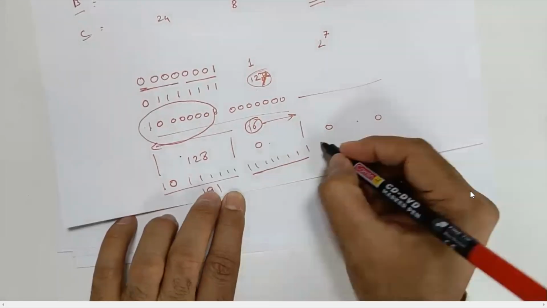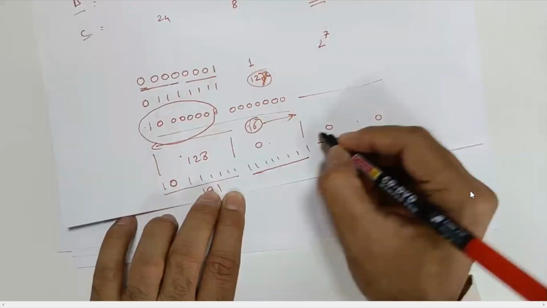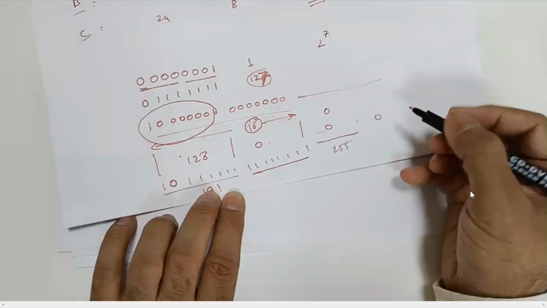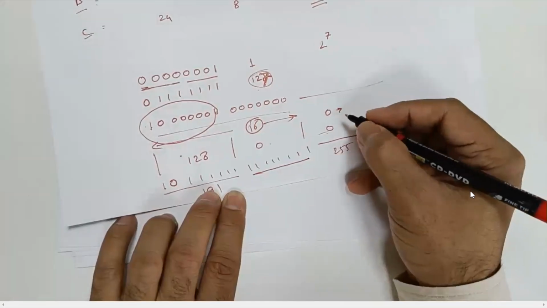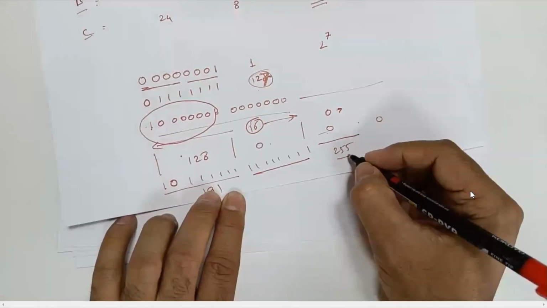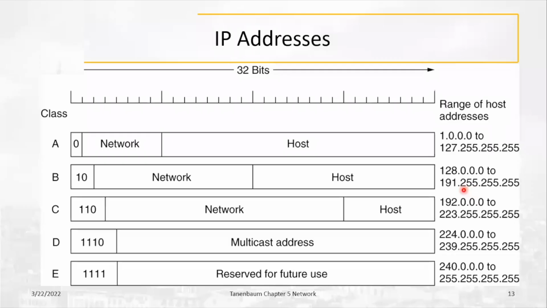When you make all the bits as 1, it becomes 255. When you make all the bits as 0, it becomes 0. I'm talking about the decimal conversion. This is the binary and this is the decimal. So this becomes the range of class B. For class C, it is 192 to 223.